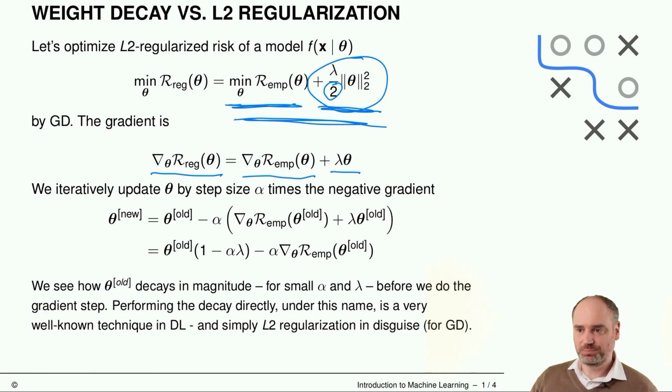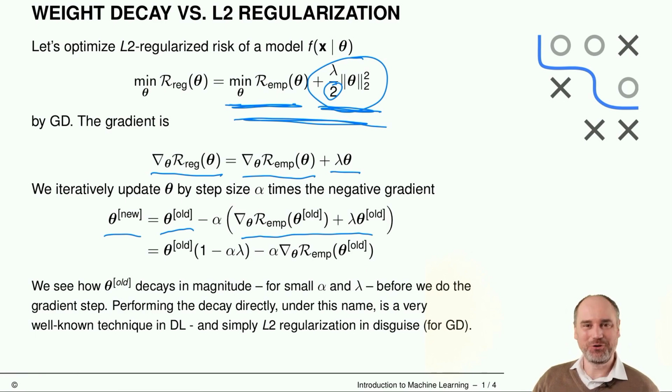So if that's the gradient, we can now write down the update formula for gradient descent, which is also pretty easy. So we write down that our new parameter estimate, theta new, is the old one minus a step size alpha times the gradient. So we simply copy in what we have learned regarding the gradient before.